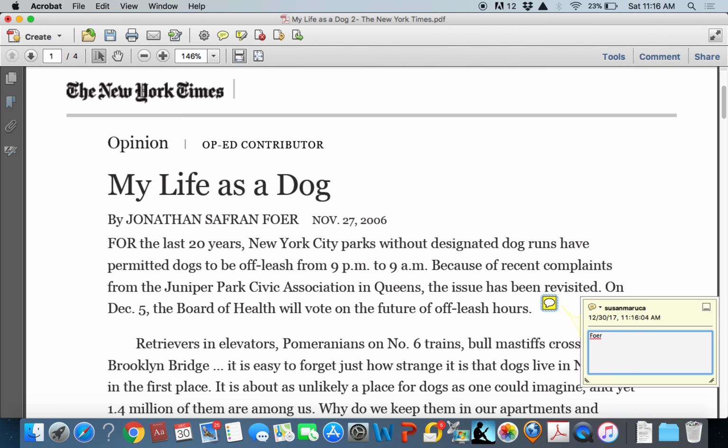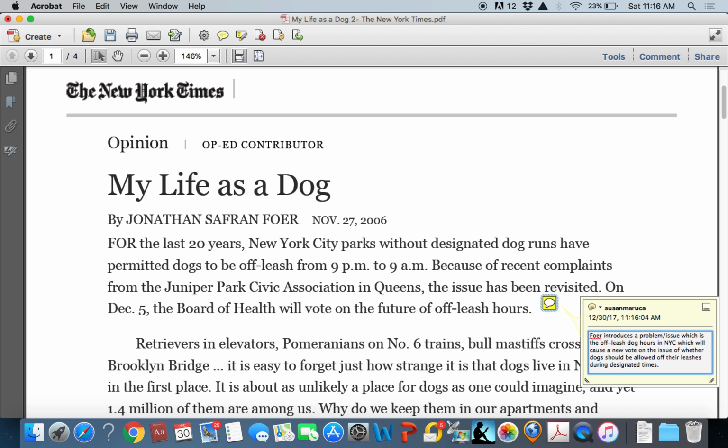Foer introduces a problem or an issue, whatever you want to call it, which is the off-leash dog hours in New York City, which will cause a new vote on the issue of whether dogs should be allowed off their leashes during designated times.